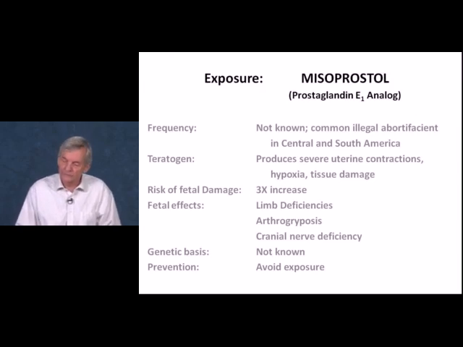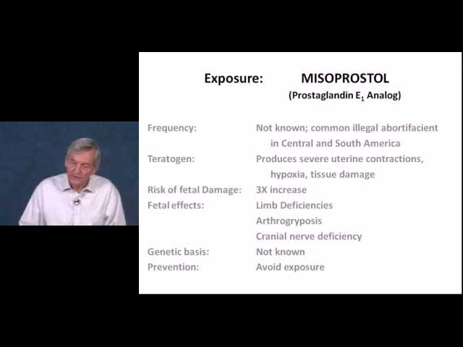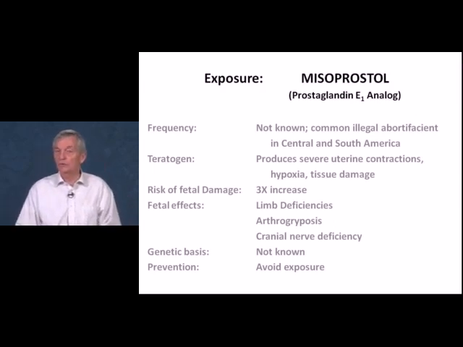We had one contact by a genetic counselor in New Jersey who described how the 21-year-old who'd used this in her unwanted pregnancy had gotten the misoprostol from a Dominican grocery store in New Jersey.